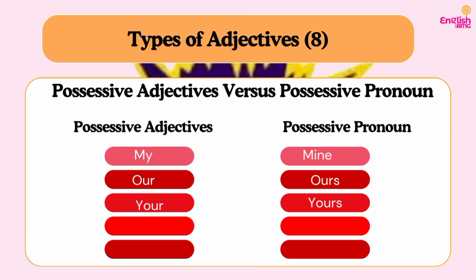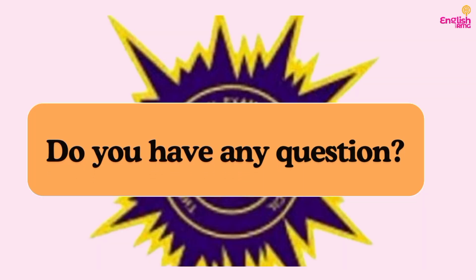This is your book, or this book is yours. Theirs. Their bag, or this bag is theirs. Do you understand? And for the last set of words, for example, her versus hers. This is her pen, or this pen is hers.